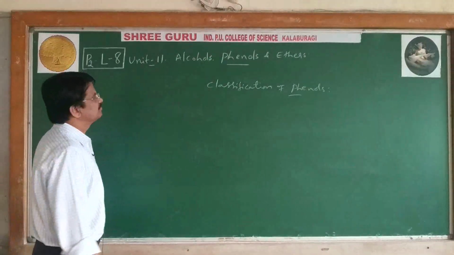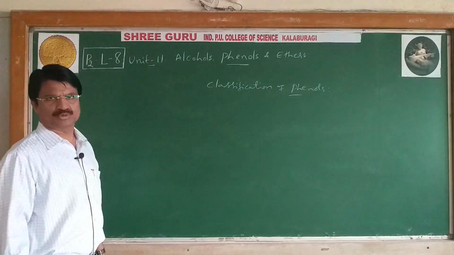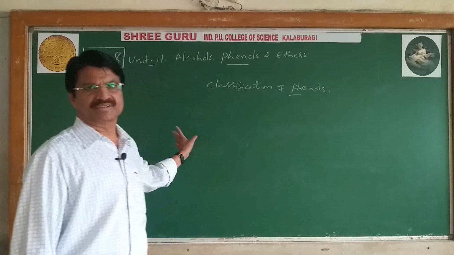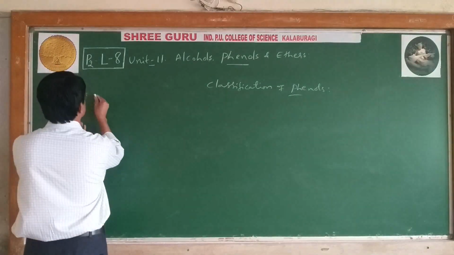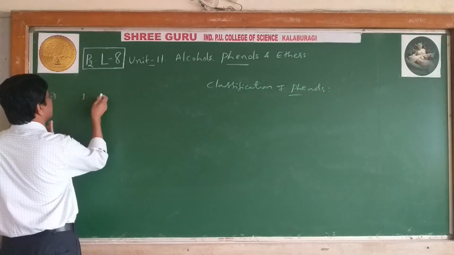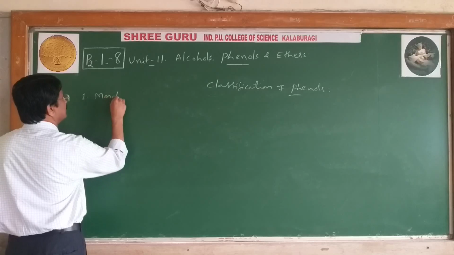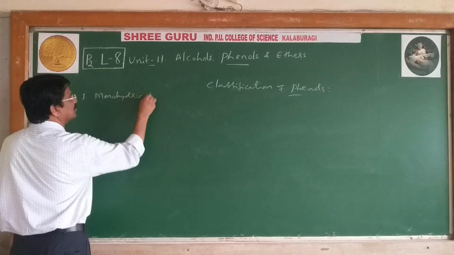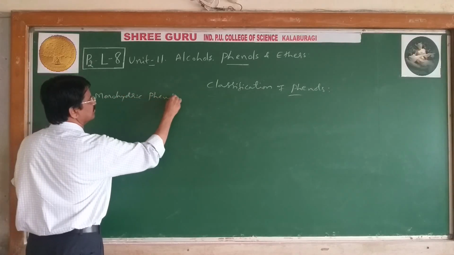Classification of phenols. Based on the number of OH groups, we can classify phenols into three types. First type, monohydric phenols.